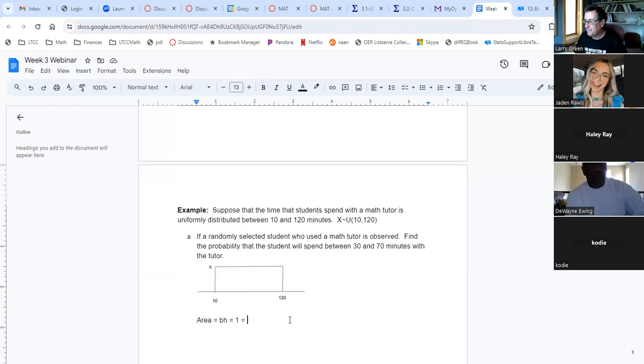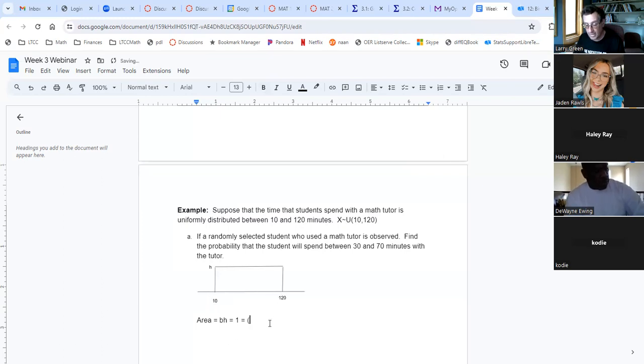Any questions on that? How do I find the base of this rectangle? It's not hard. Yeah, 110, but let me do the work. What you do is you take the right minus the left, and that'll give you how far it is from the left to the right.